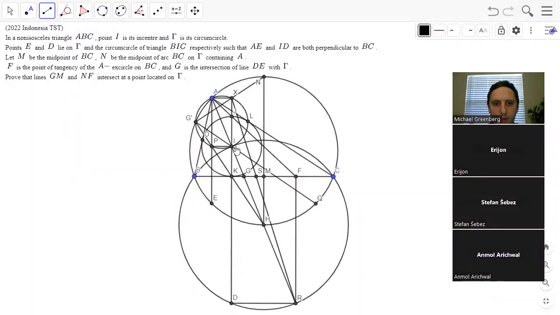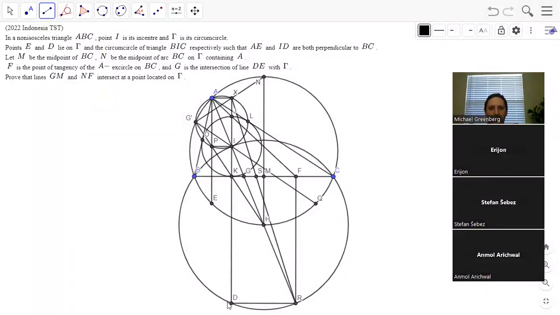Yeah, these are homothetic about I, these two circles. And these are similar. It almost feels like we should have enough where we could bash that, it feels like.